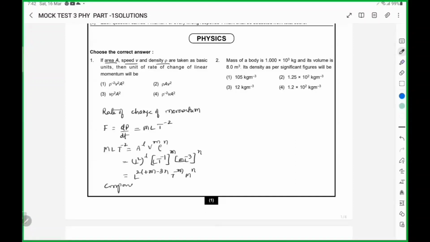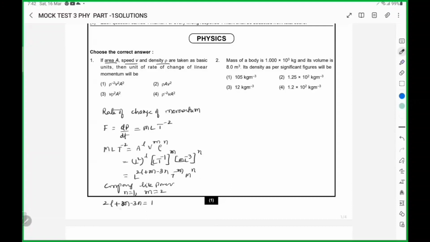Comparing like powers, we get N is equal to 1, M is 2, and 2L plus M minus 3N is 1.